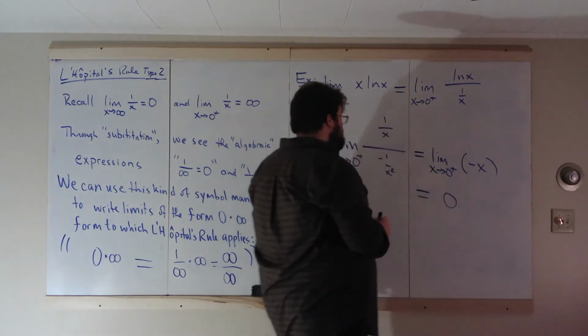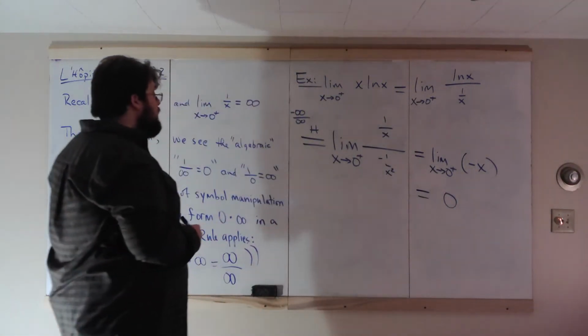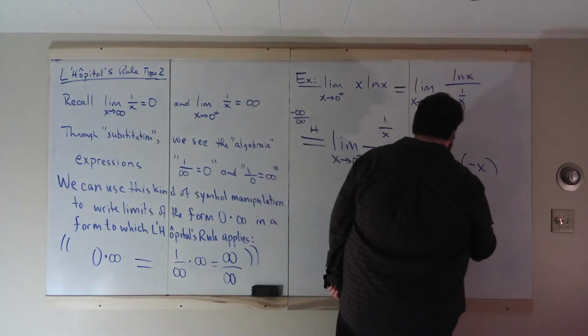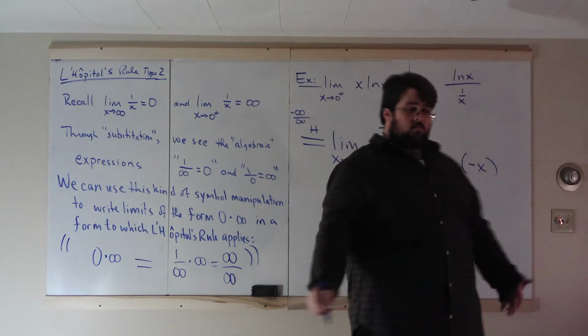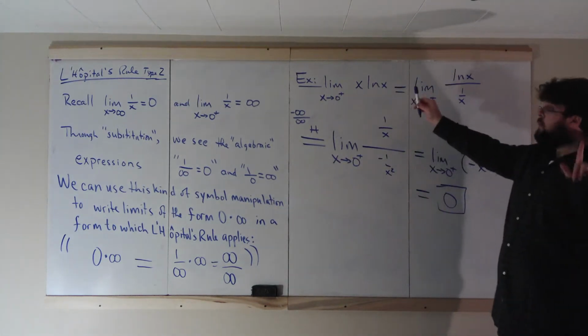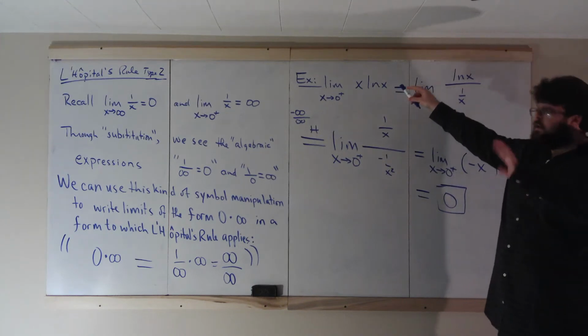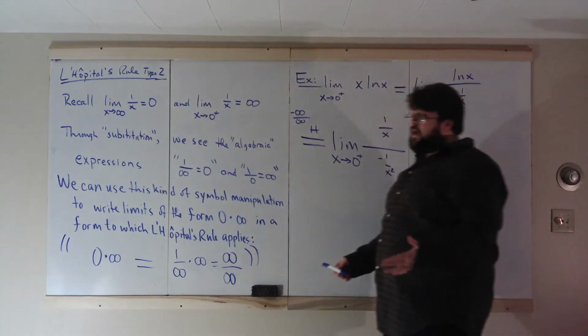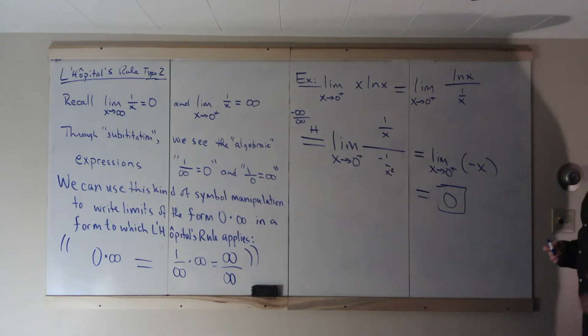Well, negative 0, also known as 0. So this limit is 0. And note here, to apply L'Hopital's rule, we had to do a little bit of algebra, which we did in this first step. We did not apply L'Hopital's rule in this first step. We just flipped the 0 around so that we could apply L'Hopital's rule.